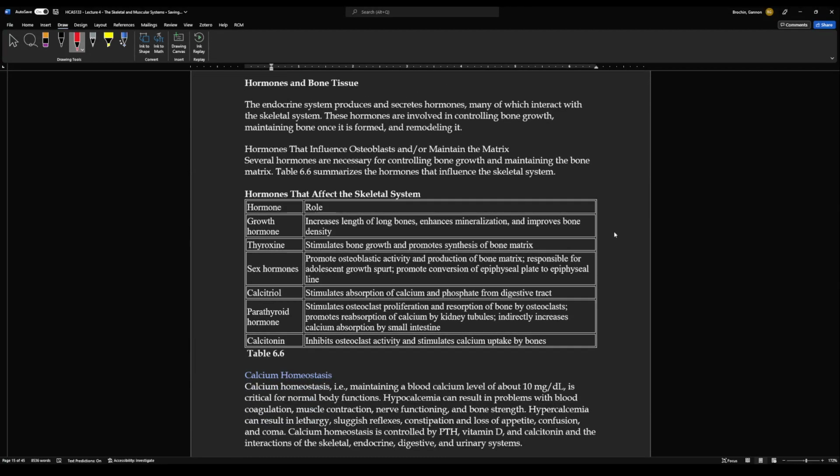Now looking at hormones. So hormones have a massive influence on bone. I'm going to spend some time talking about the interaction of parathyroid hormone and calcitonin. Parathyroid hormone is aptly named because it's secreted by the parathyroid gland.